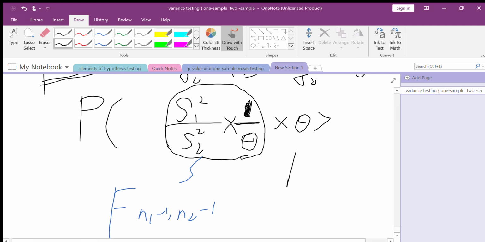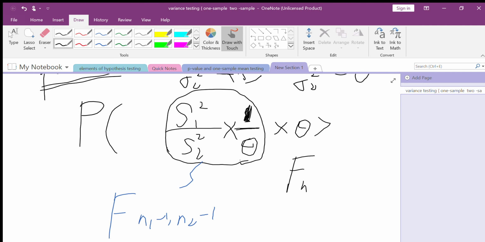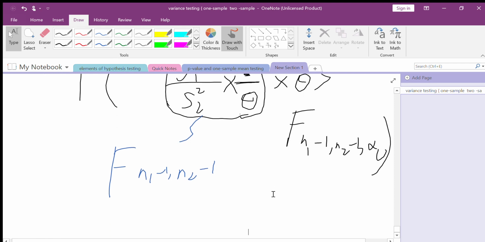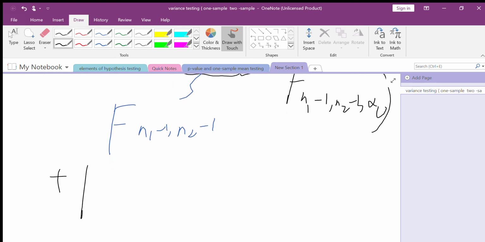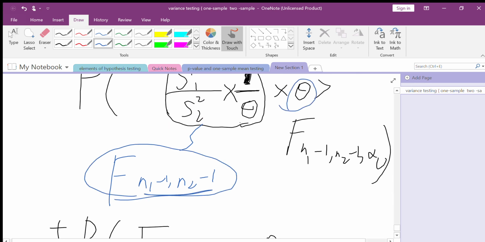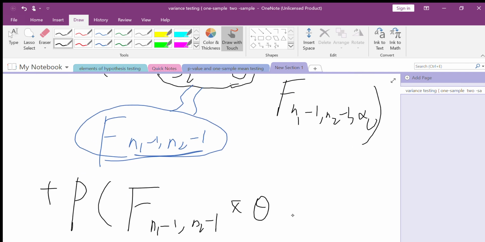The power is the probability that the F random variable with n1 minus 1 and n2 minus 1 degrees of freedom times theta is greater than F(n1 minus 1, n2 minus 1, alpha U), plus the probability that the F random variable times theta is less than F(n1 minus 1, n2 minus 1, alpha L).